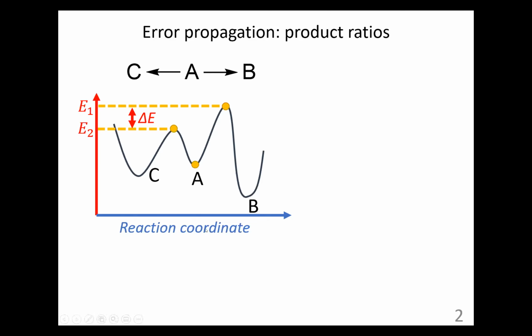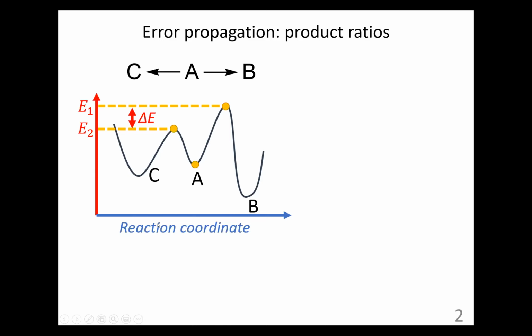But in this talk, I would like to focus on product ratios, because most chemical reactions are useful only if they produce the required product in a good yield and selectively.